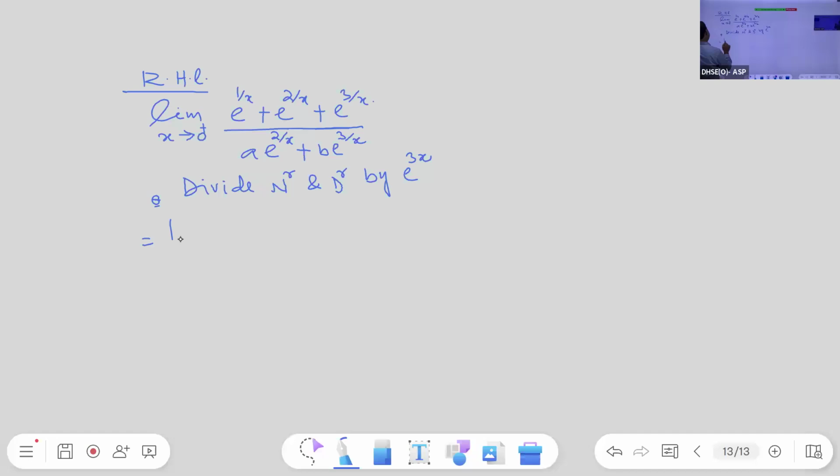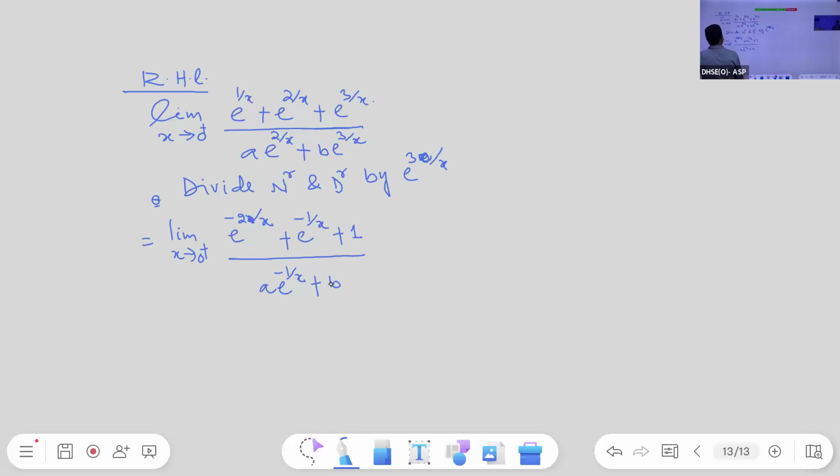This is equal to the limit as x tends to 0 plus of e raised to the power minus 2 by x plus e raised to the power minus 1 by x plus 1, upon a e raised to the power minus 1 by x plus b.